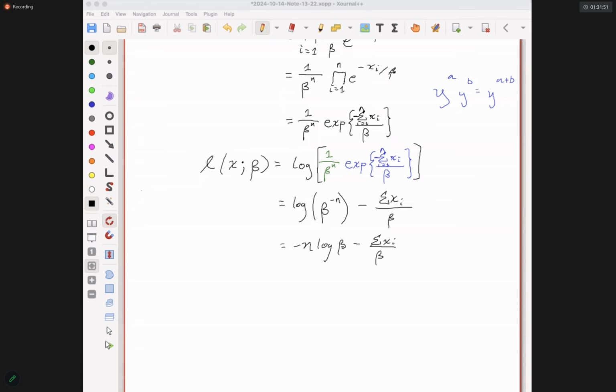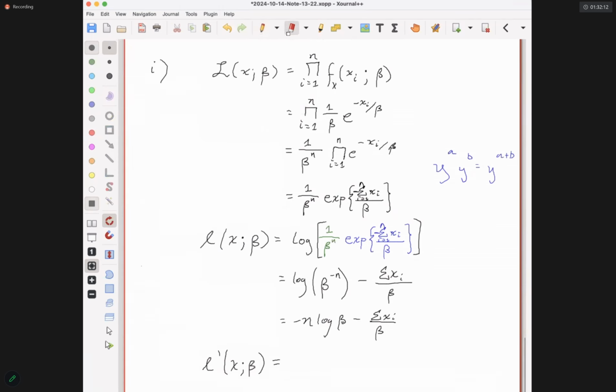So the next thing is to differentiate the log likelihood function, because we need to maximize this. And sorry, I've been writing x beta.